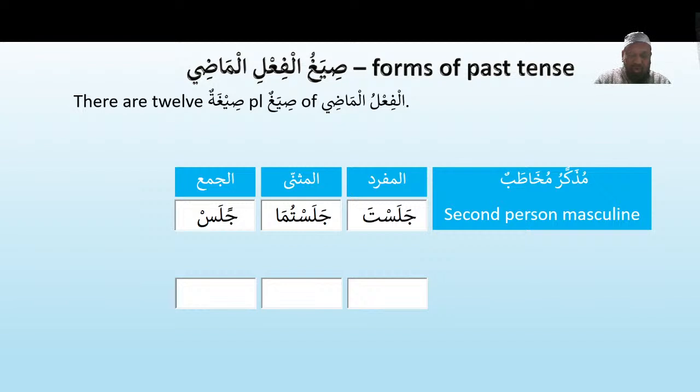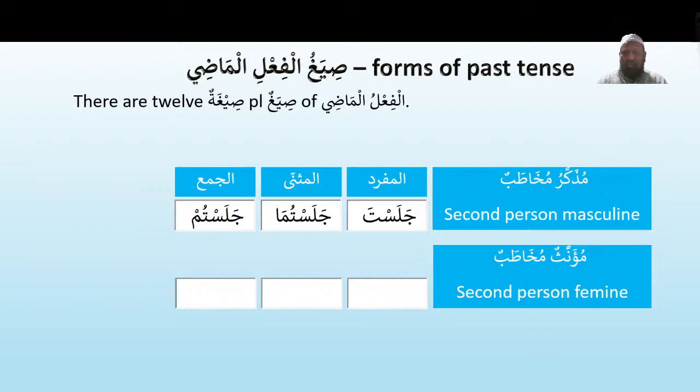We need to add the tum to make it jalastum. So these are the three forms of fi'l madi, mudhakkar, mukhatab, second person masculine: jalasta, jalastuma, jalastum.